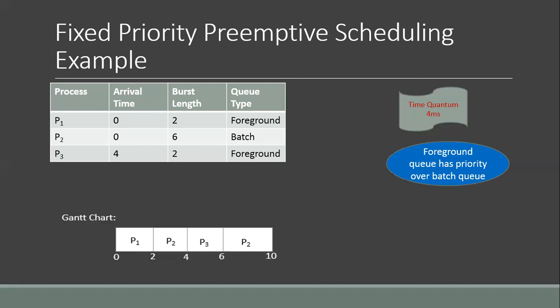So at time 4, control has been given to process P3. Now process P3 will complete its execution and once it has completed, control will be given back to process P2, which will complete its remaining execution burst.